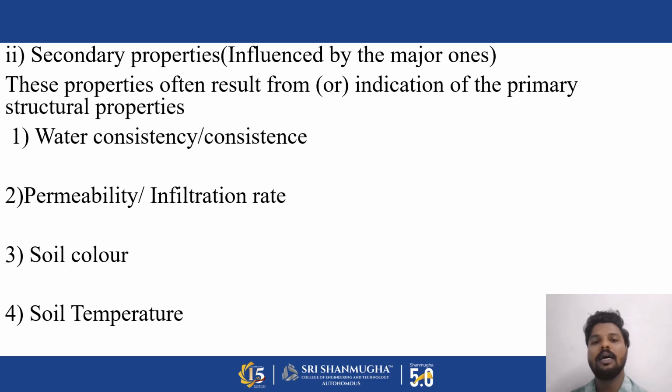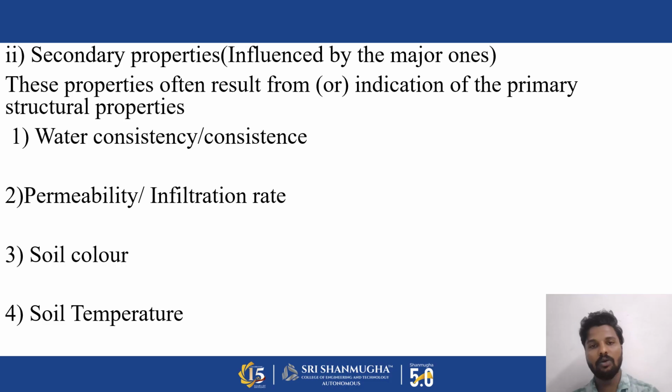The first one is the soil consistency, or consistence. This refers to stickiness, plasticity, and resistance of the soil to deformation at various moisture contents. So it is an important consideration for tillage and construction. Then the next one is permeability and infiltration rate.